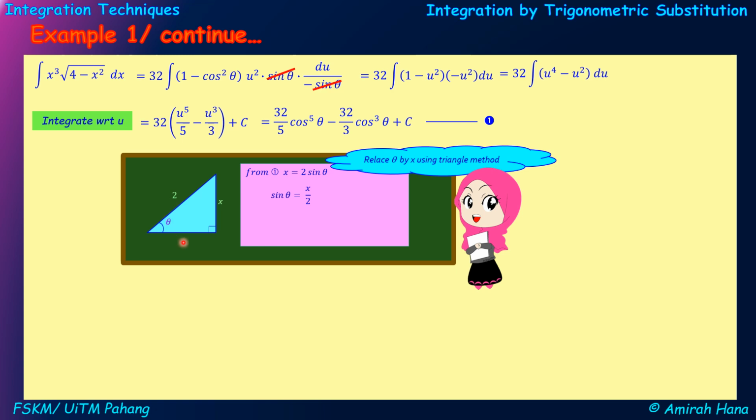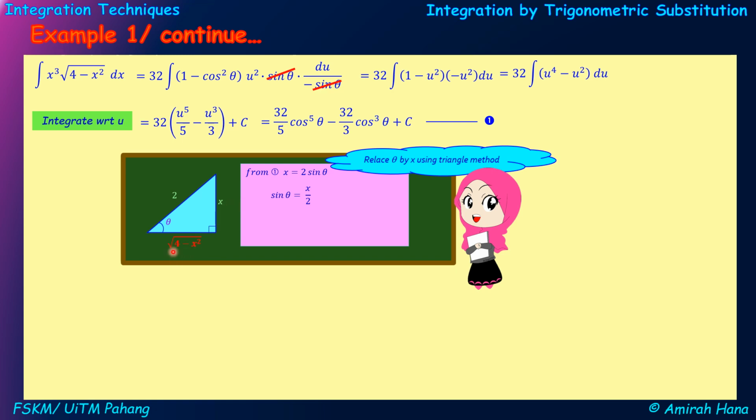Then we need to find the adjacent using Pythagoras theorem. We get adjacent equals square root of 2 squared, which is 4, minus x squared.